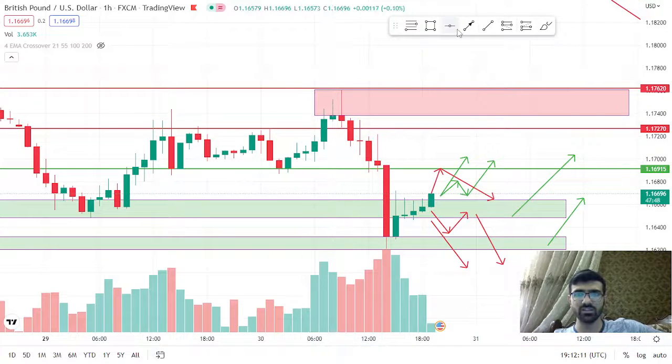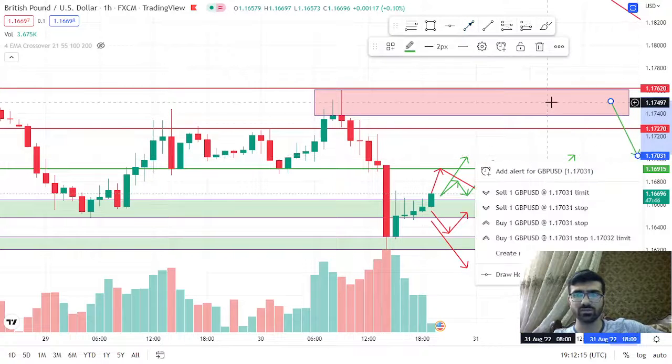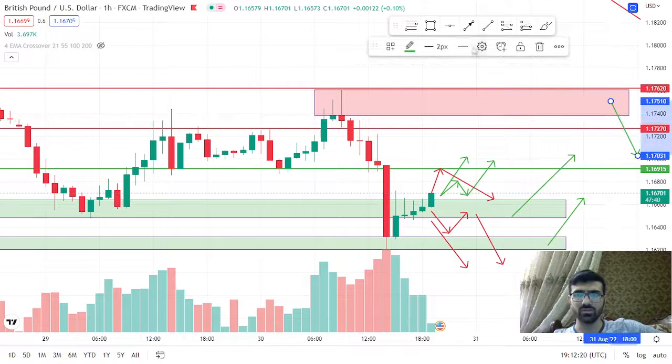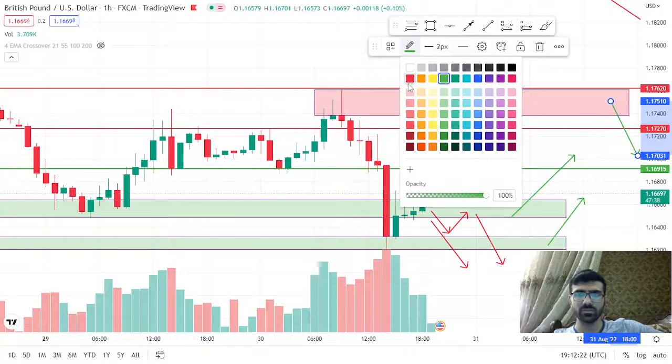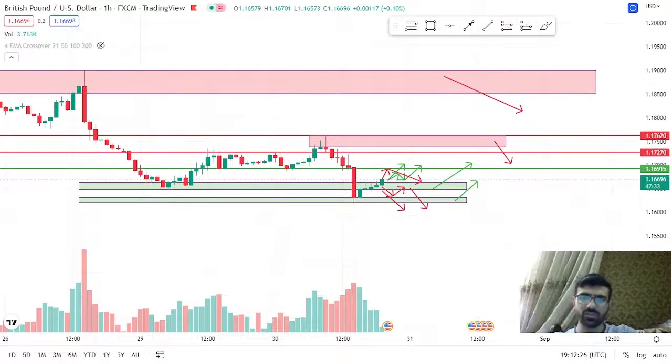And this is our area of short-term resistance. Okay, let me change its color to red. Okay, so now let me just put all the scenarios in place. Now you guys have to wait and watch whichever scenario comes into play first, and we take the trade accordingly.